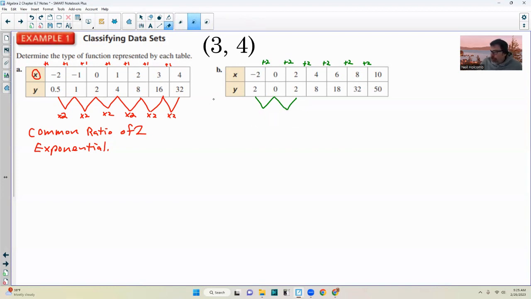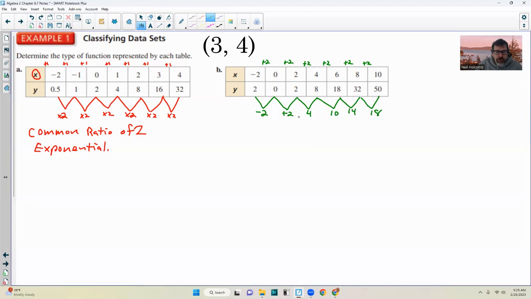So what I'm going to do is just write what the change is. That's a change of down 2. That's a change of +2. Then it's going to a change of 4. And this is a positive change of 10. And this is a positive change of 14. And this is a positive change of 18.